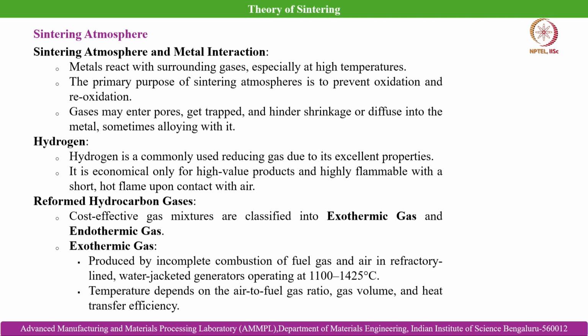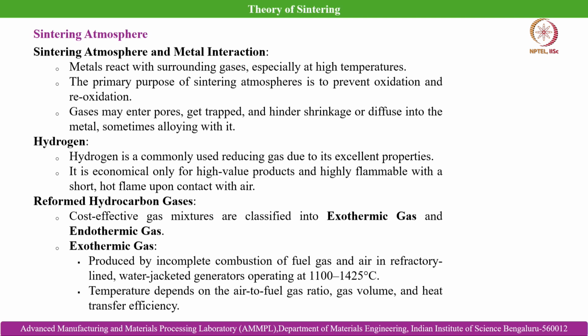So, hydrogen is a commonly used reducing gas due to its excellent properties. It is economical only for high value products and highly flammable, with a short hot flame upon contact with air. Then, reformed hydrocarbon gases. Cost effective gas mixtures are classified into exothermic gas and endothermic gas.